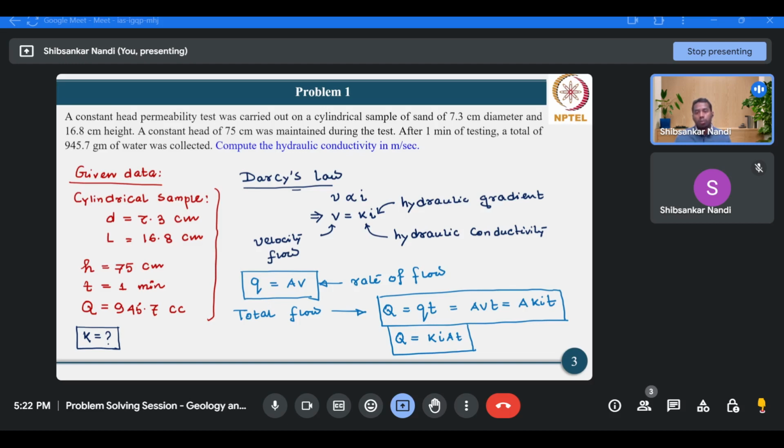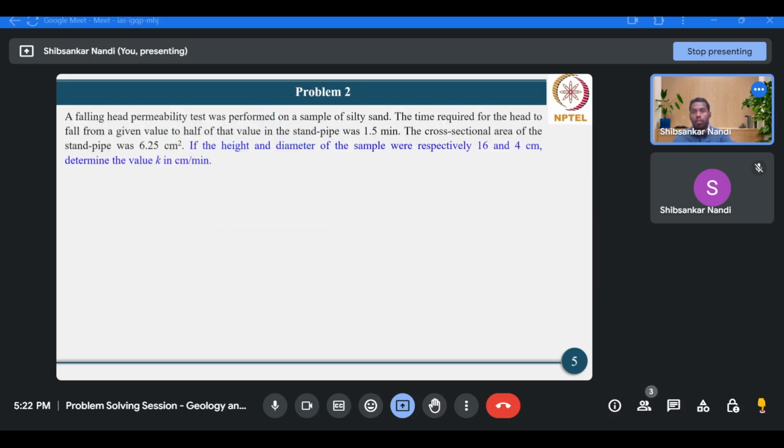Once you have all this information, you can easily determine the hydraulic conductivity of the given soil sample, based on Darcy's law. I hope this is fine to all of you. Now we'll proceed further and take the next example problem.